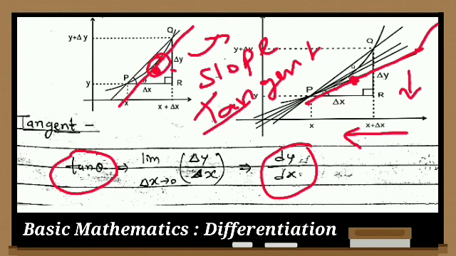When the line touches the curve like this, it is called the tangent, and the tangent is also called the differentiation of y with respect to x.